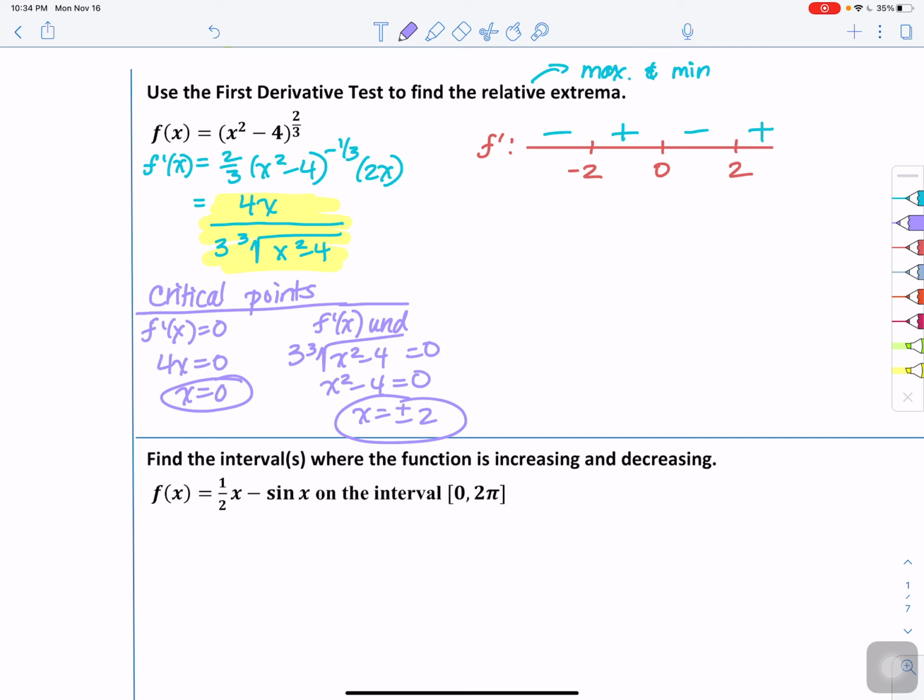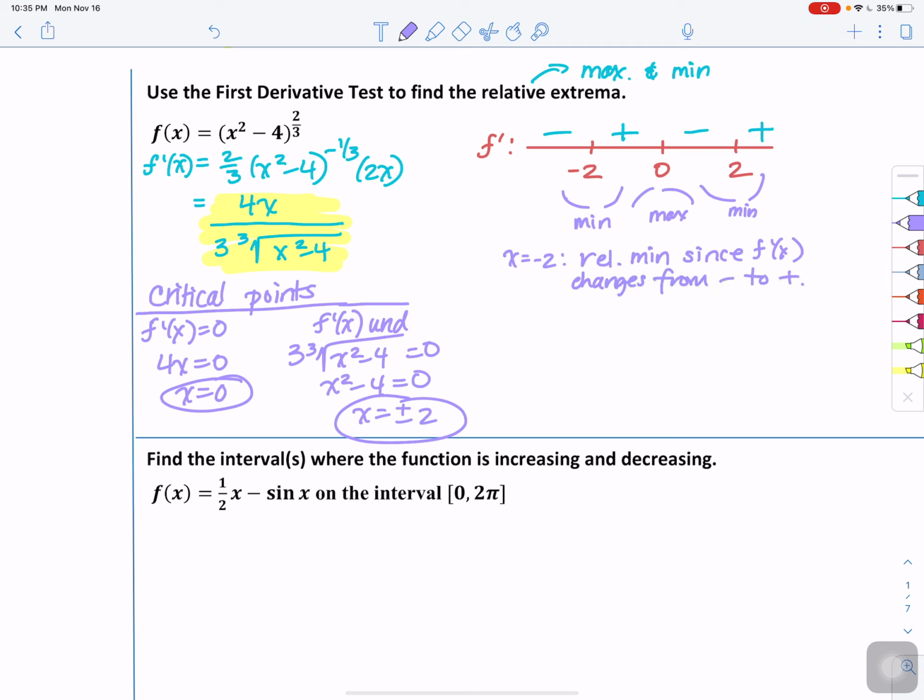We have a relative, you can go ahead and do that here, negative to positive, positive to negative, negative to positive. So we have a relative min, a max, and a min. So let's go ahead and do this. At x equal to negative 2, we have a relative min since f prime of x changes from negative to positive.